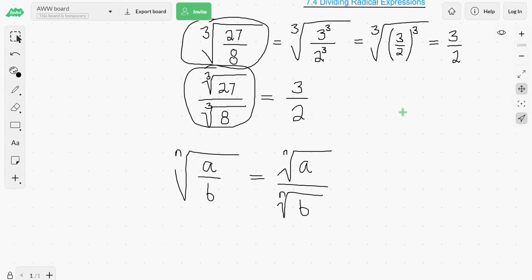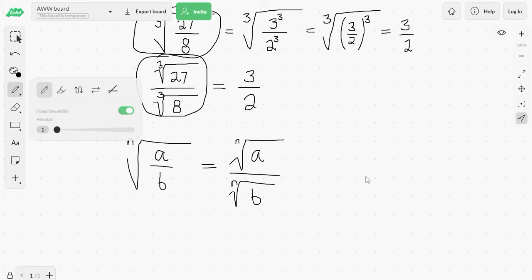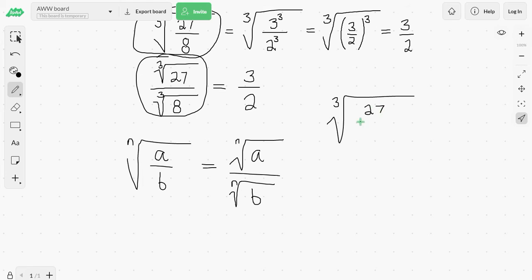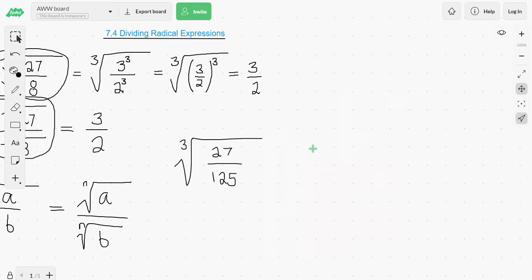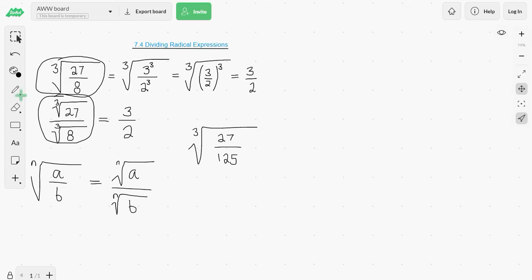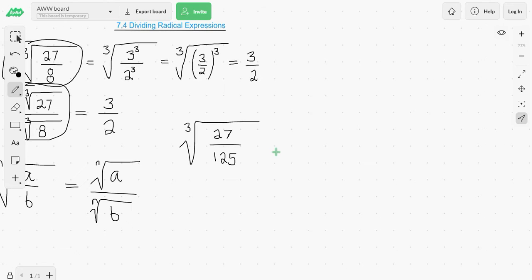So let's take a look at some more examples to get us used to applying this rule and calculating these things. Let's say we've got the cube root of 27 over 125. Well, we can use that rule. This is the same thing as the cube root of 27 over the cube root of 125.